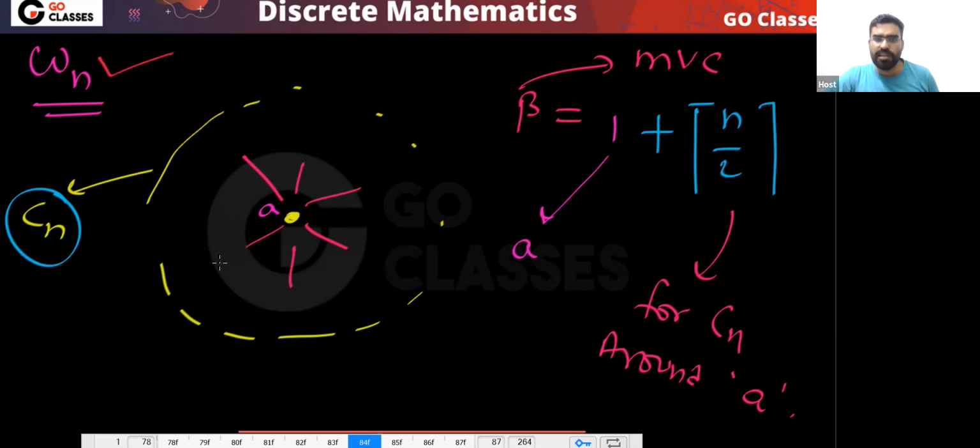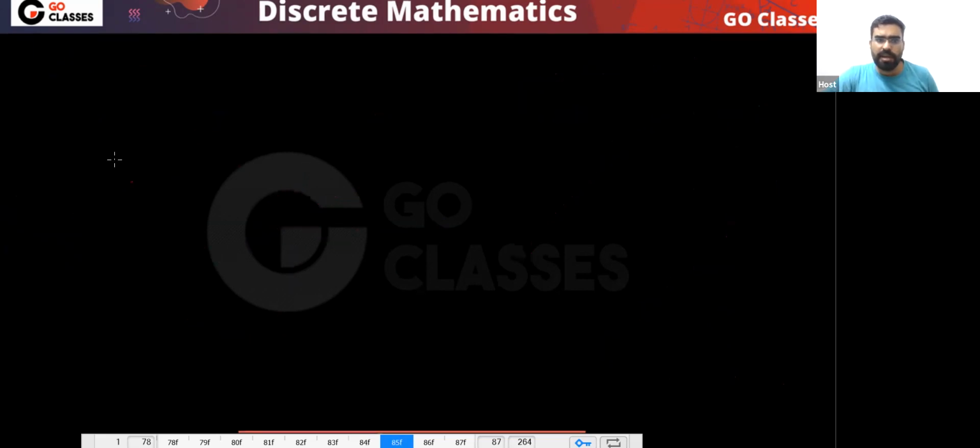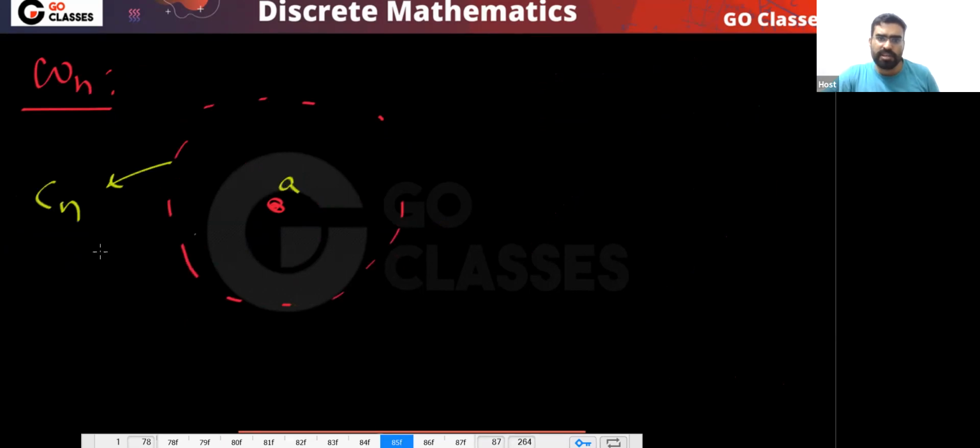How to get beta for the wheel graph? This will be the beta. And beta dash is not a problem, because you have this vertex and there is a Cn around you.